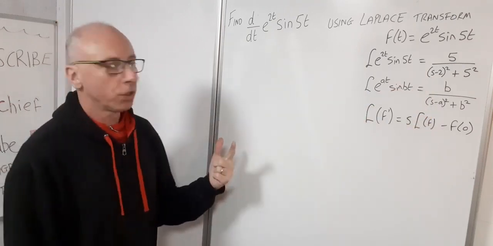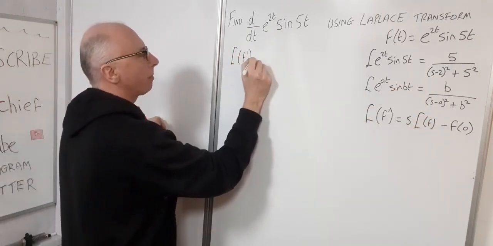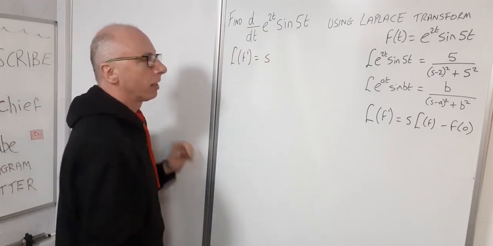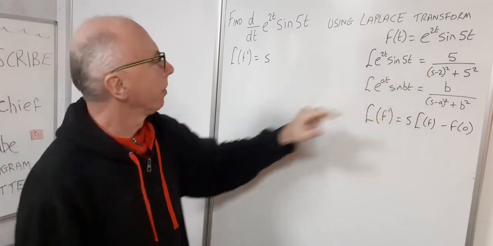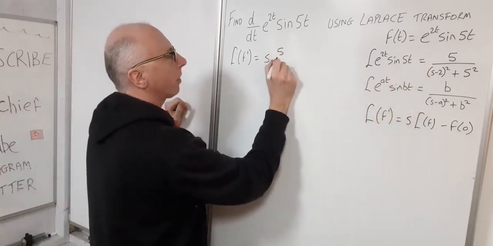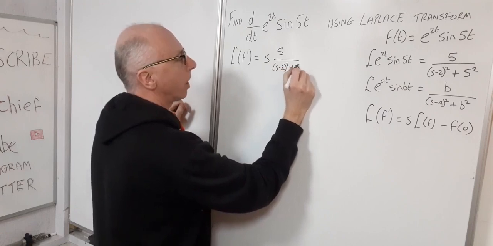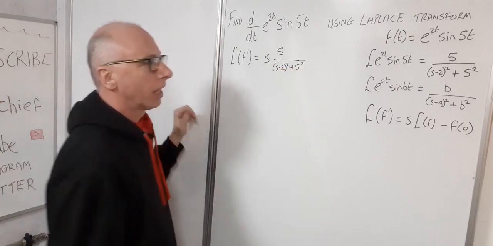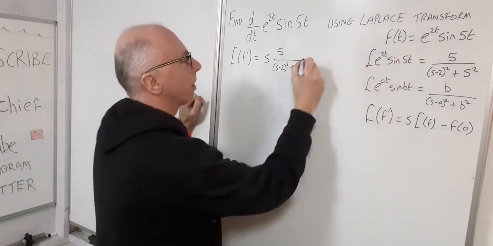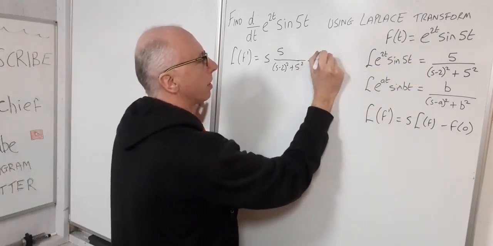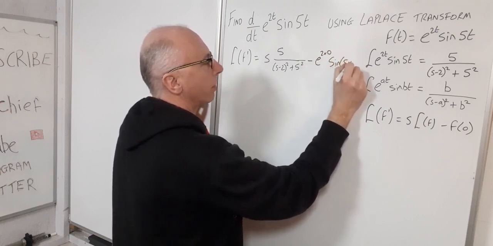So let's go straight into it. The Laplace of f prime equals s times the Laplace of our function, which is this. So we've got 5 over s minus 2 squared plus 5 squared, and then minus e to the 2 times 0, sine of 5 times 0.